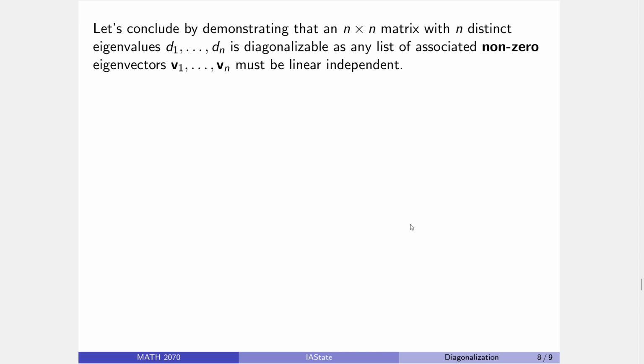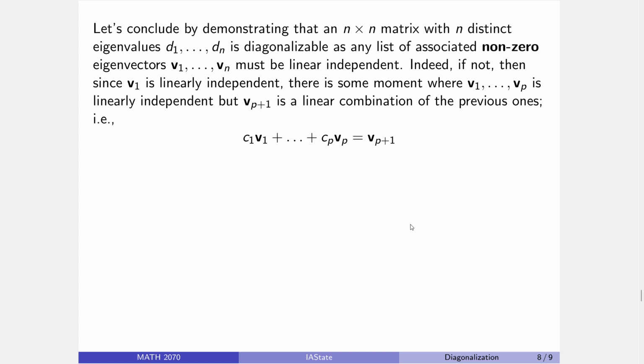And this is a fun little argument. So let's wrap up things today by proving this: that if you have distinct eigenvalues, then the associated eigenvectors have to be linearly independent. Okay. All right. So suppose that wasn't true. Well, v1 is a non-zero vector, so it's got to be linearly independent. Right, we know that.